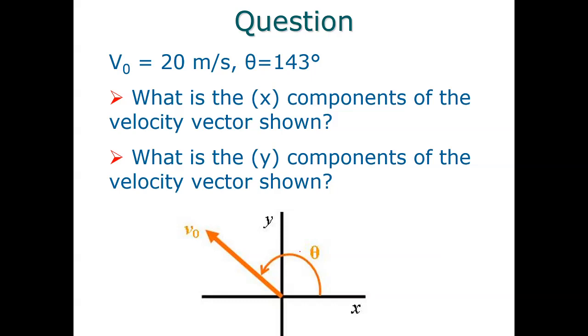If this angle is between 90 and 180 degrees, x is going to be negative and y is going to be positive. Figuring out the signs on the vectors is often what causes issues.